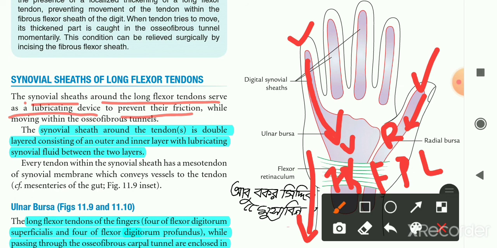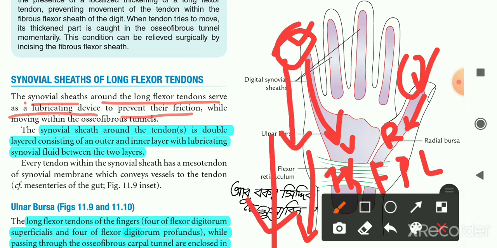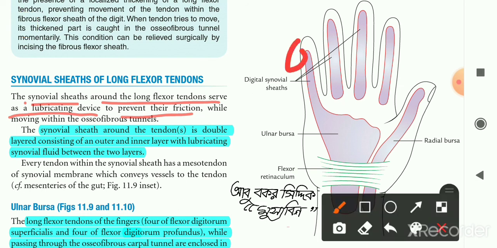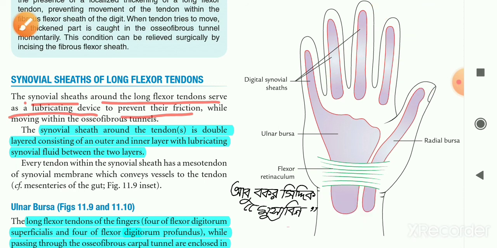So infection from the little finger or thumb may spread through the radial bursa and ulnar bursa into the forearm. So never prick or take blood for any examination from these 2 fingers. You will take the blood by pricking these 3 fingers: index finger, middle finger and ring finger. So that's the clinical importance.